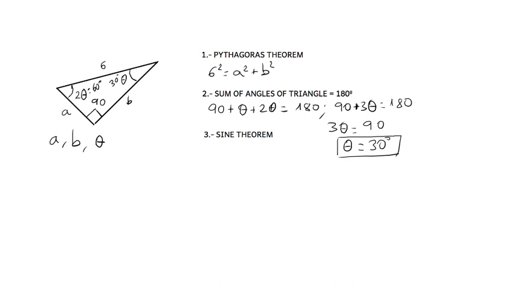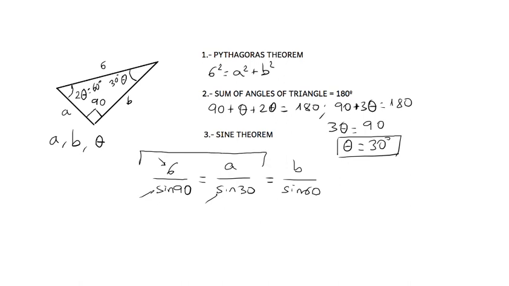And then we go to the sine theorem, and then we have that 6 over sine of 90, which is 1, equals a over sine of 30, and also equals b over sine of 60. Here we don't know a, so we get this equation.